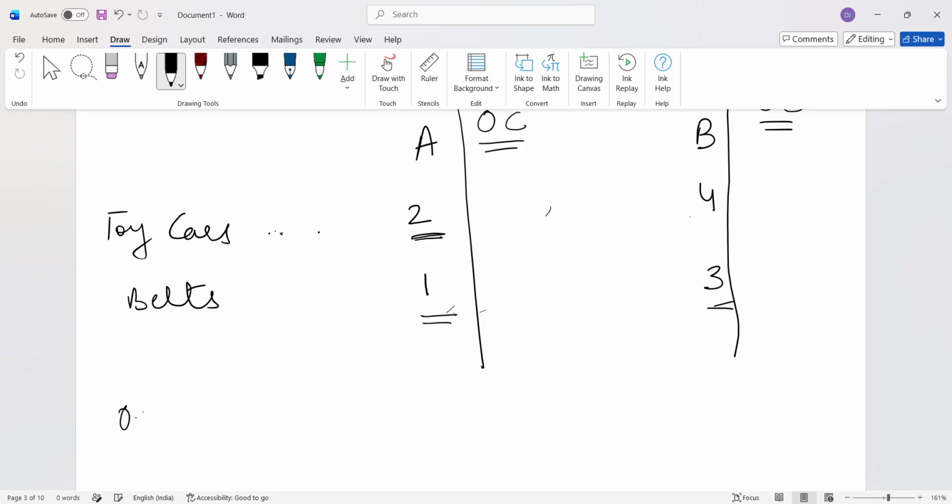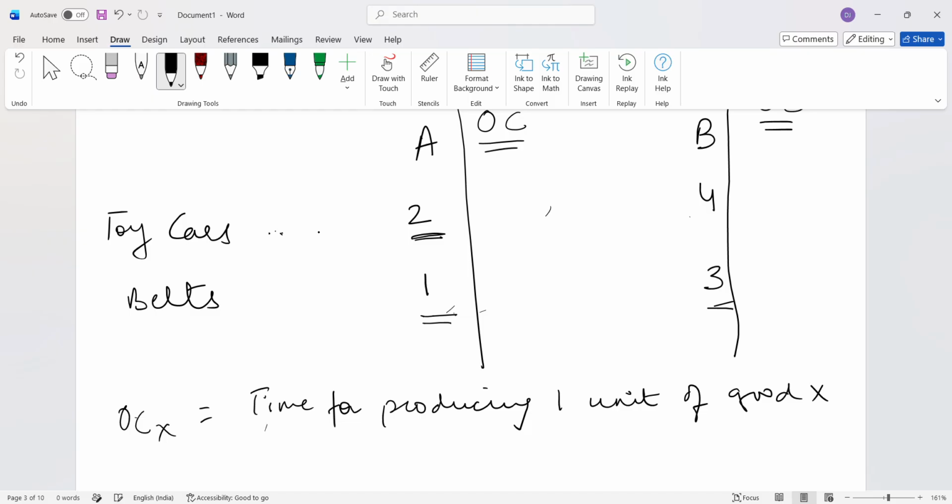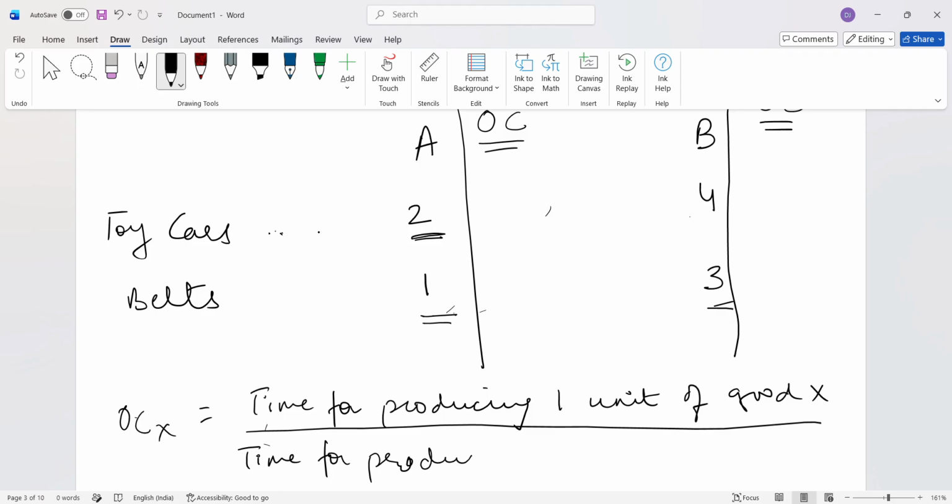In this case, if I have to calculate the opportunity cost for good X, remember it would be the time for producing 1 unit of good X divided by the time for producing 1 unit of good Y. So if I am taking the opportunity cost for toy cars, then it would be the time taken to produce 1 unit of toy car, which is 2, divided by the time taken to produce 1 unit of belt, which is 1. So it comes out to be 2 belts.